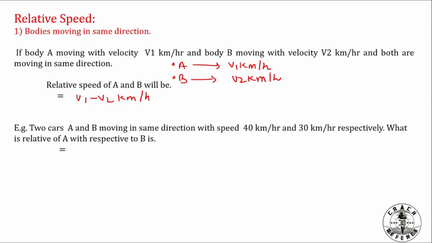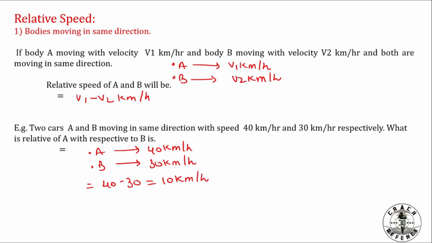Now, if we talk about a simple example, two cars, A and B, are moving in the same direction with 40 km per hour speed and 30 km per hour speed respectively. Then the relative speed of A with respect to B would be 40 minus 30, you get 10 kilometers per hour.